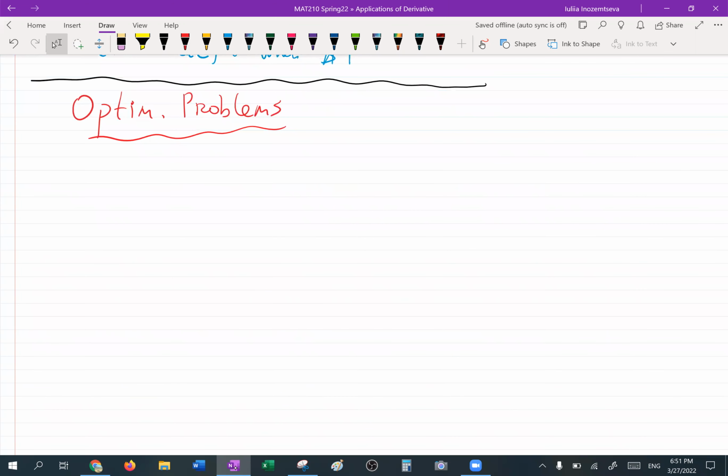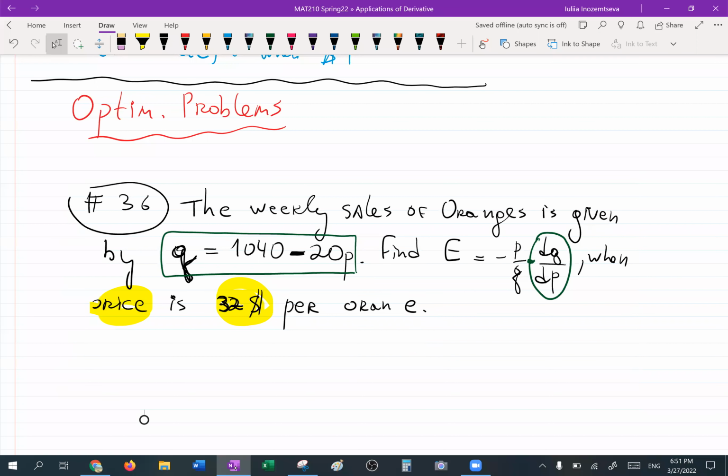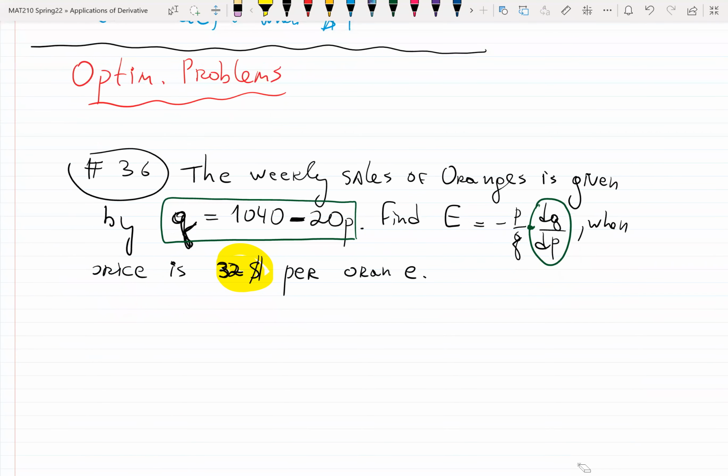But now I will forget about the question for the elasticity. I will just ask you: find the maximum. Let me check how to phrase it correctly. Calculate the price that gives the maximum revenue. Like so. That is an optimization problem.